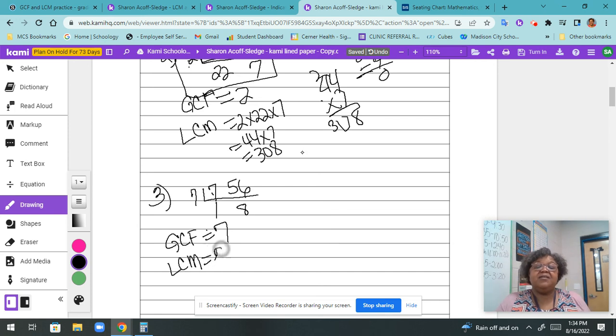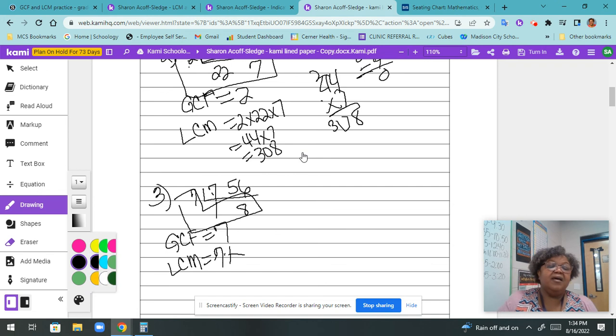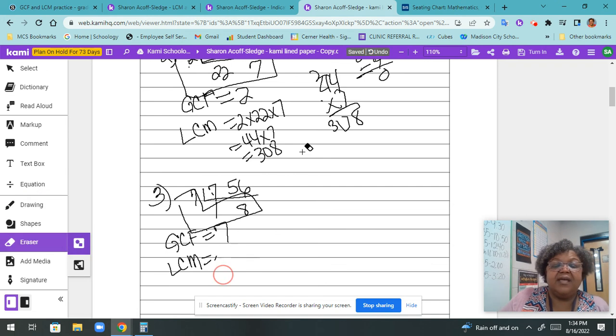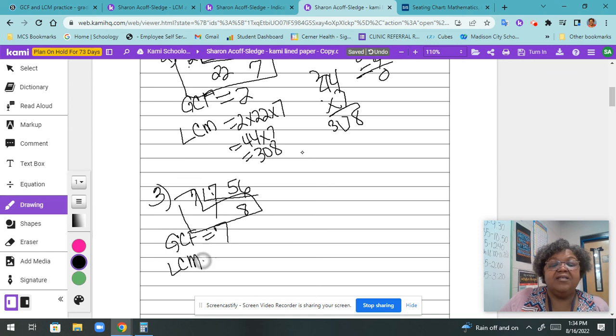Then my LCM is 7. Draw my L. 7 times. And I'm going to start using the dot for multiplication because we use the times sign in earlier grades, but when we get into expressions and equations, x is going to be a variable, and it gets confusing. Now, in other countries, they do multiplication like that, and they write their x's like that, so you can tell the difference.